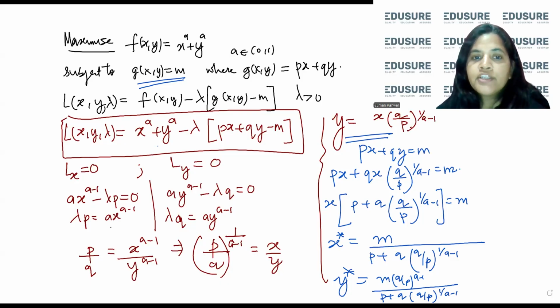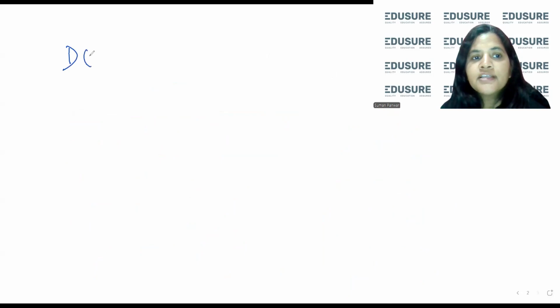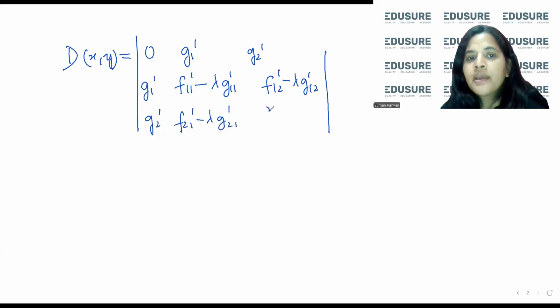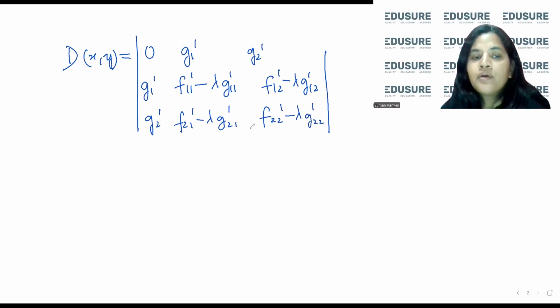So what are the second order conditions? Let us consider the determinant D(x,y), which is: 0, g1', g2'; g1', f11' minus lambda g11', f12' minus lambda g12'; g2', f21' minus lambda g21', f22' minus lambda g22'.